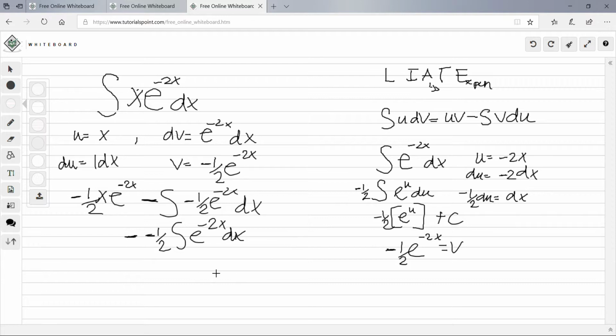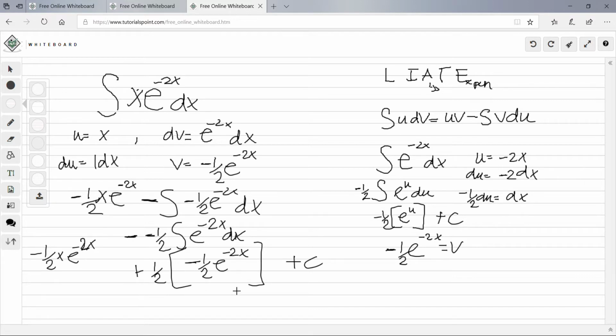So the integral of e to the -2x is -1/2 e to the -2x. And then don't forget about these two negatives, so that's +1/2, and then plus c, and then -1/2 x e to the -2x. Oops.